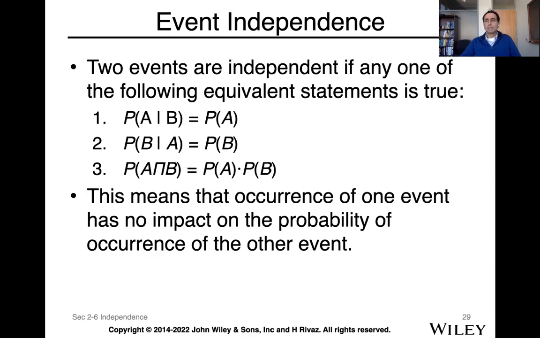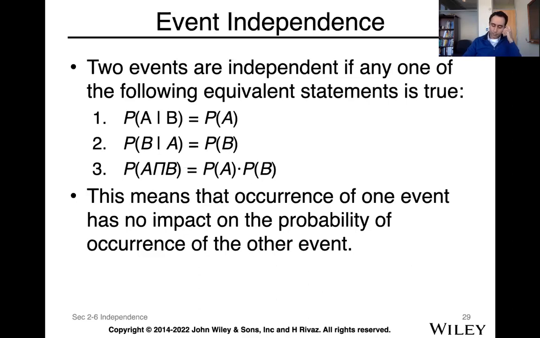But independence is an extremely important topic, not just for this course, but in my opinion in your life, in helping you make decisions. So we call two events A and B independent if either of these conditions hold. If one of them is correct, in fact, all of them are correct.